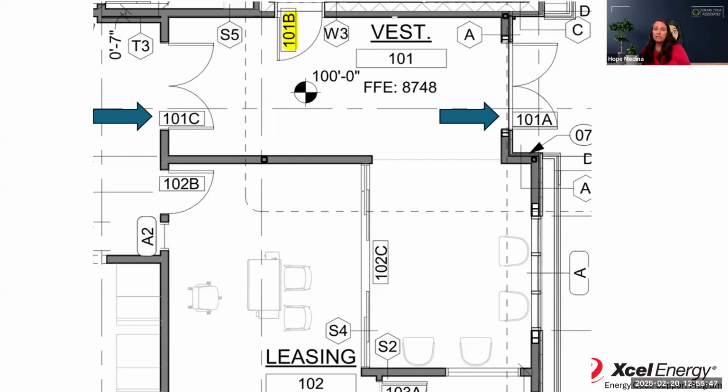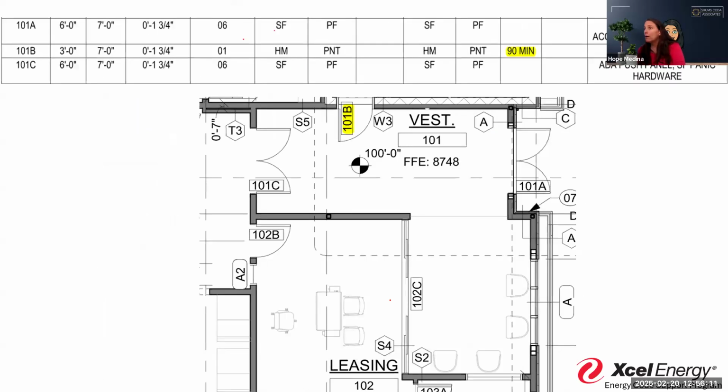It also has this area right here, and this area right here is a sliding glass door that opens up into where that leasing area is. So this is all considered to be a vestibule. That means this is a self-closing door, this is a self-closing door, this is a self-closing door, and this is a self-closing door. So those are all things to just kind of be aware of.